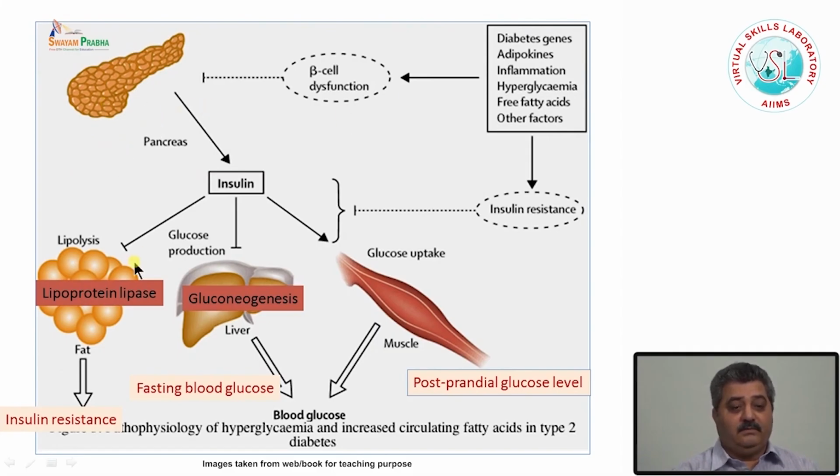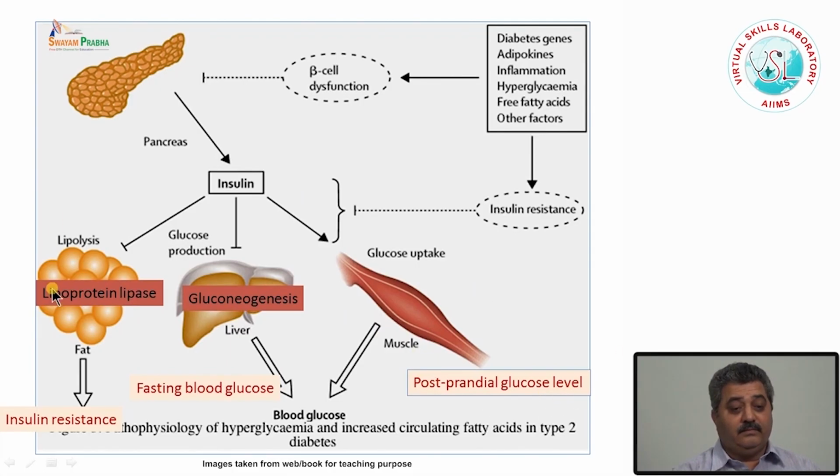For example, in the liver, the glucose which is stored as glycogen is broken down, and it causes gluconeogenesis, which is the factor for the raised fasting blood sugar. In the skeletal muscle, the decreased utilization of glucose leads to the postprandial glucose level increase.